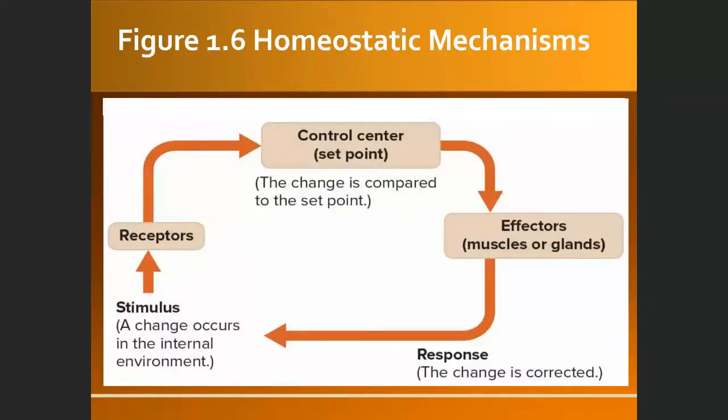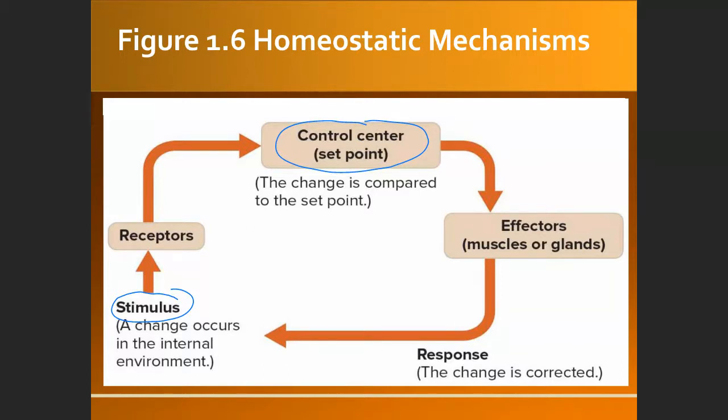Okay, so again, the receptor will receive the stimulus, and then the receptor will carry that information to the control center. And again, the main control center in our body is the brain. There are some other control centers, for example the endocrine glands, but the main one is the brain.